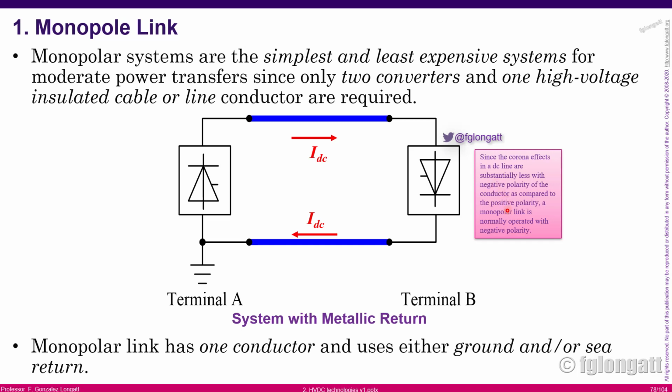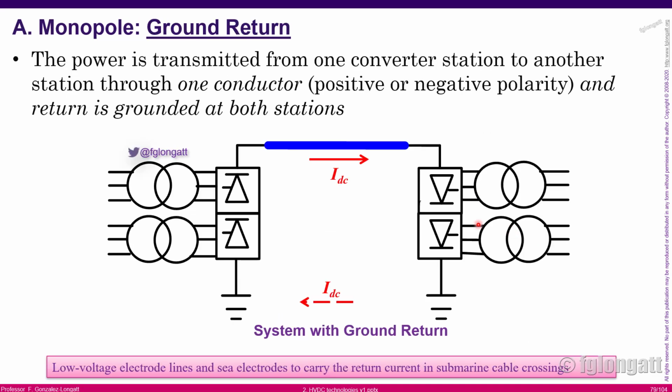For that reason, it is typically operated with negative polarity here, and the positive is going to ground. Okay, that is one of the explanations over here. And here we have the ground connector. The ground return, sorry, is basically where we can have a wire, a cable, and one polarity is moving the current, and the other one is the earth return or ground return, okay?